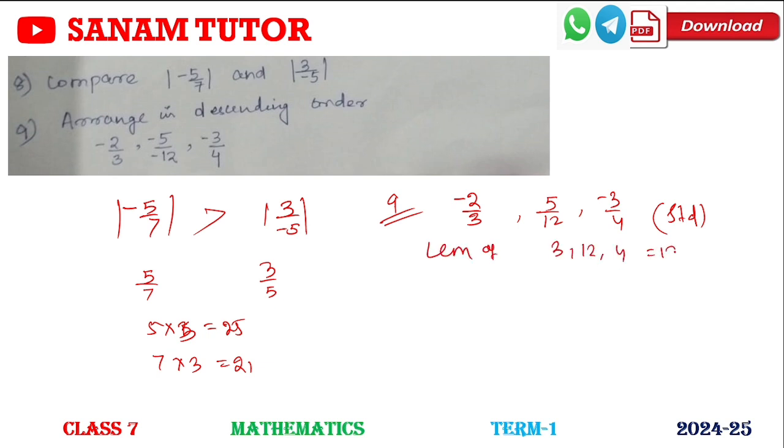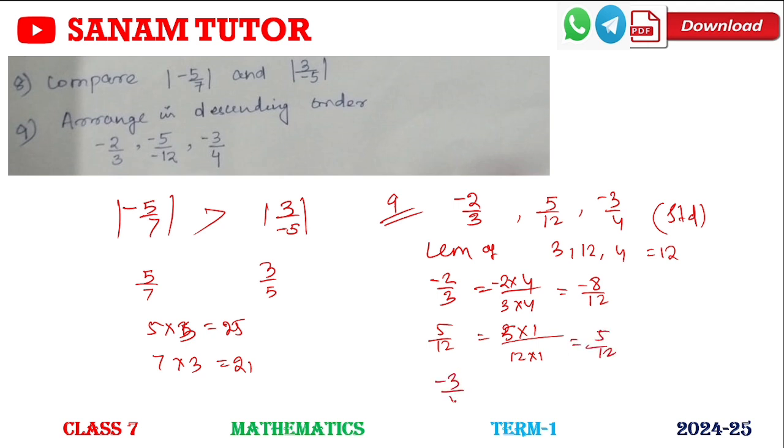So minus 2 by 3 equals minus 2 into 4, so multiply 4, minus 8 by 12. Second one is 5 by 12, already 12, so we multiply 1. So 5 by 12. Third one is minus 3 by 4. Minus 3 into 3 over 12, so similarly we multiply 3, minus 9.